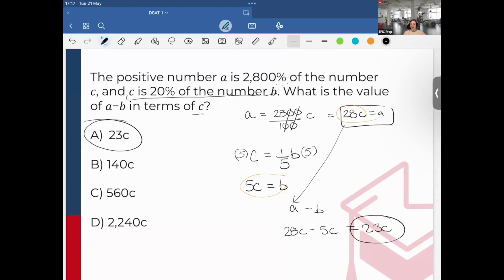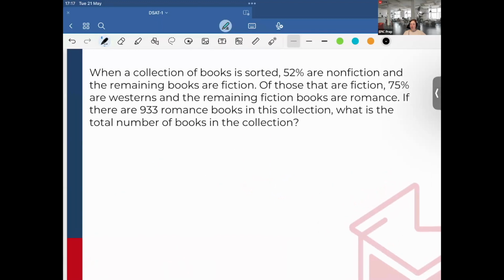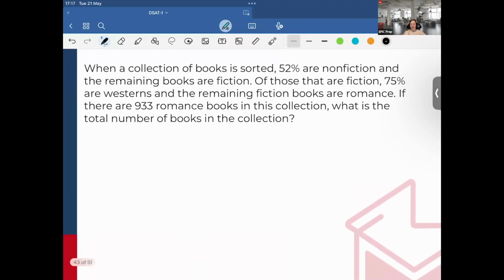Be familiar with them. Then there are always similar ones like these. So when a collection of books is sorted, 52% are nonfiction and the remaining books are fiction. The remaining books would be 48% because 100 minus 52 is 48%. So of those that are fiction, 75% are Westerns and the remaining fiction books are romance.